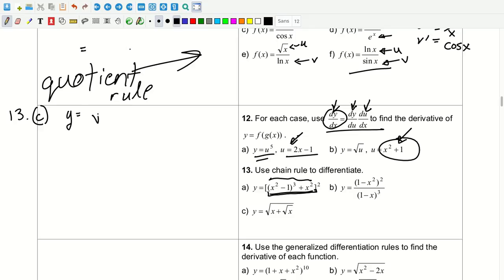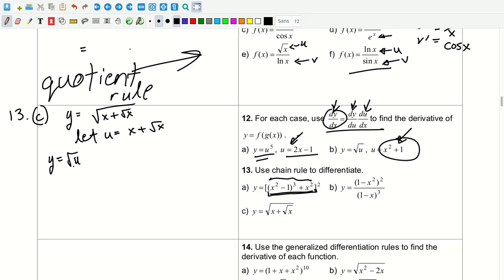So we've got y equals square root of x plus root x. Cool. So let u equal x plus root x. Now I just did a substitution. Then y equals square root of u.